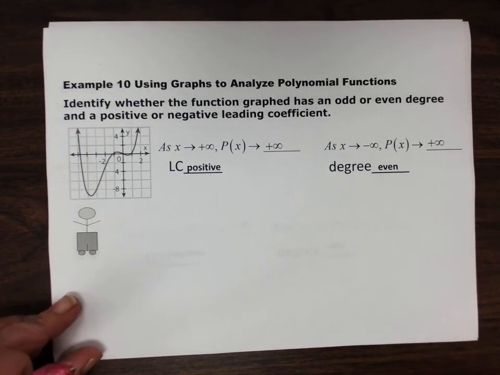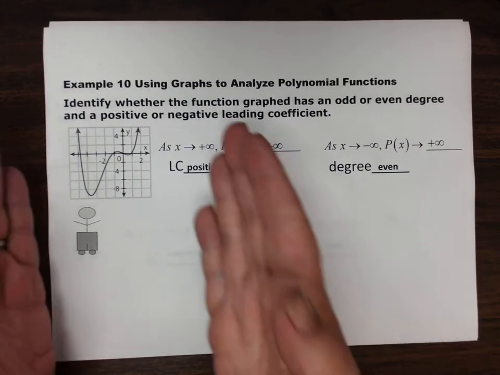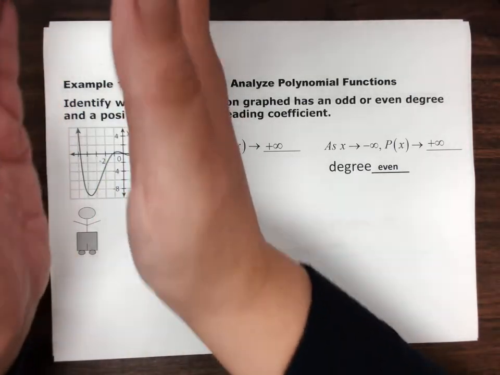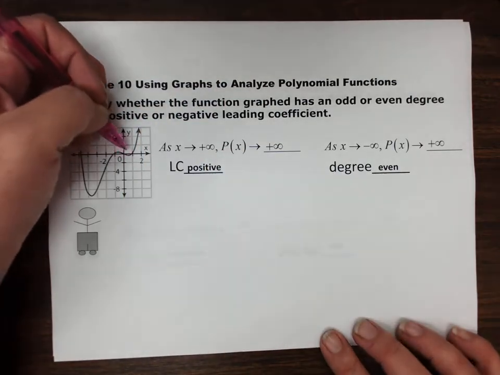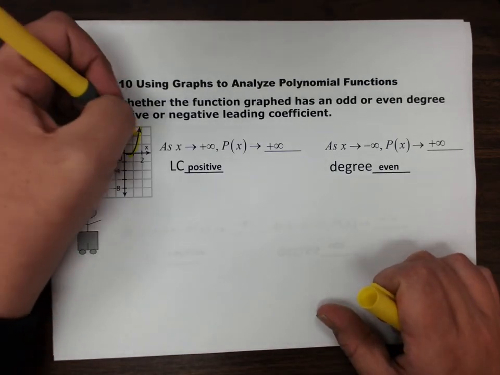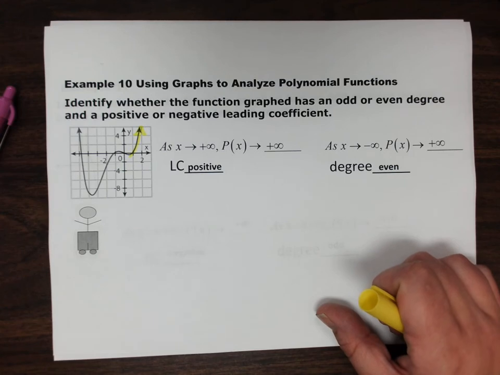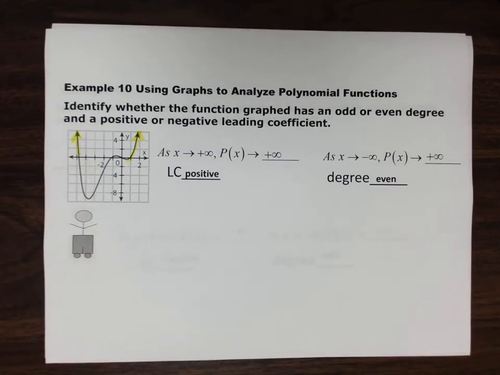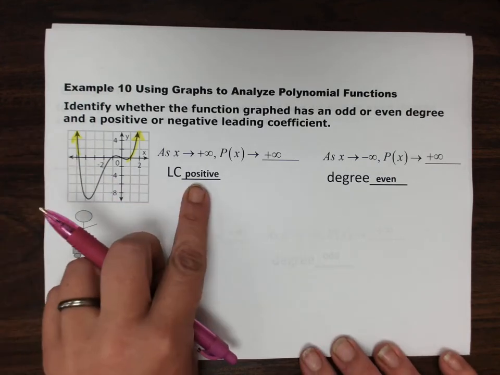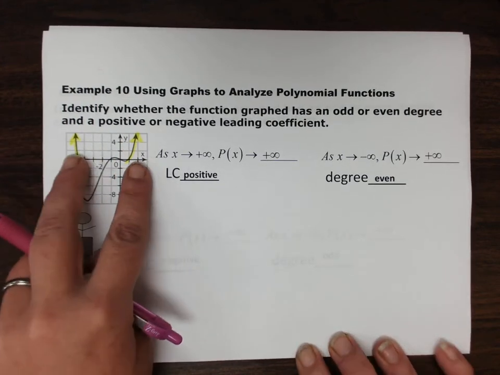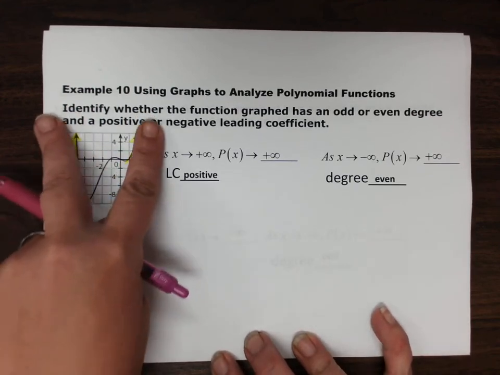Another example of using graphs. Here I see both sides are going up, and they're both rising, right? As we approach positive infinity on the x-axis, my graph is climbing, it's rising. So that tells me I must have a positive coefficient, right? Since the right side is going up. But now when I look, both sides are going straight up.